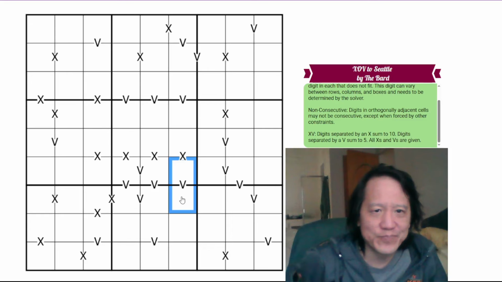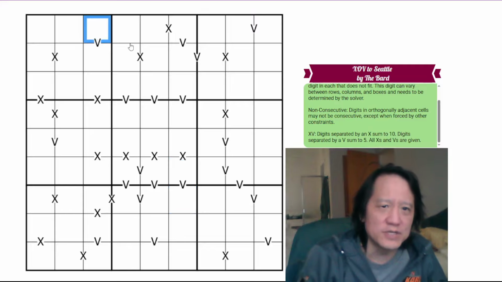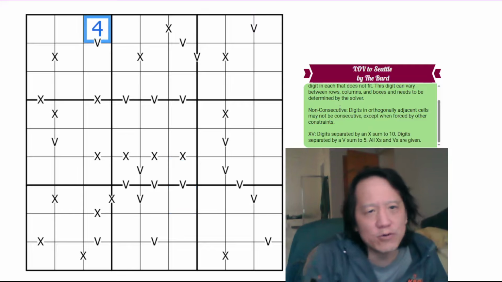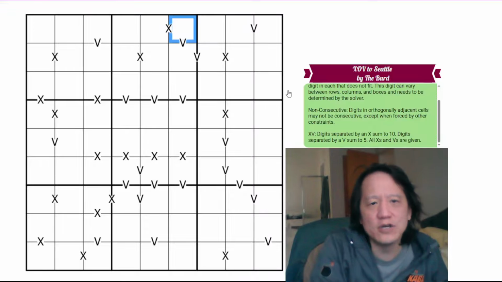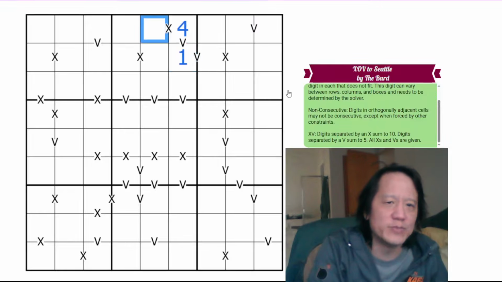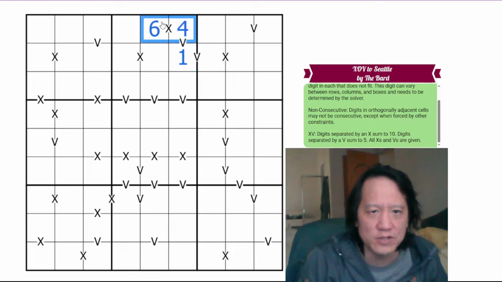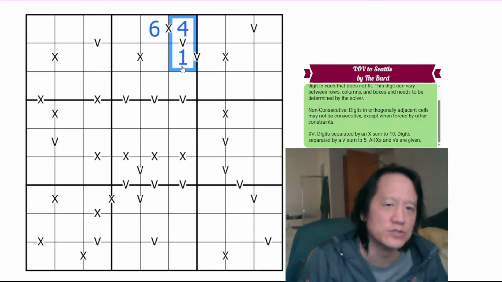Anyways, so say you had a 4 here, as an example. Then this would have to be 1, and this would have to be 6, because there's an X between these two, and there's a V between these two.